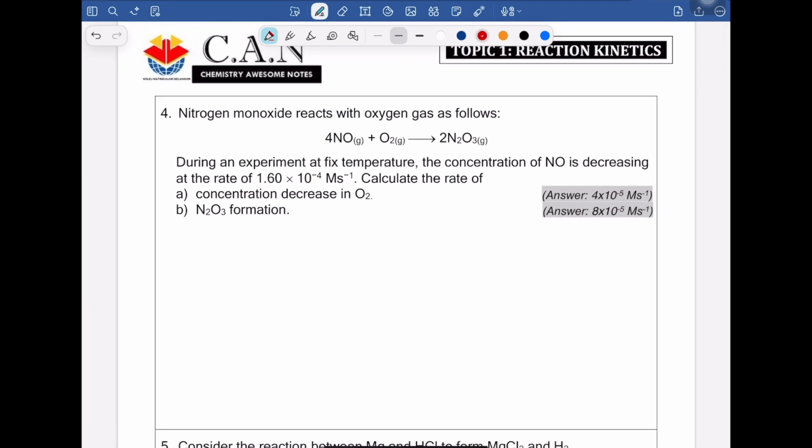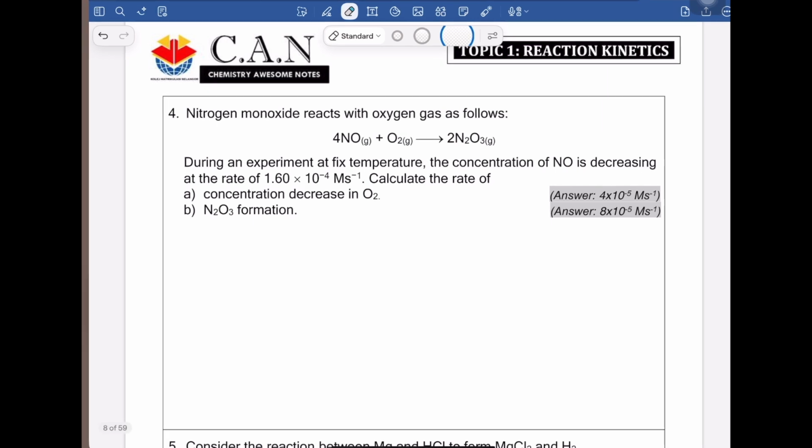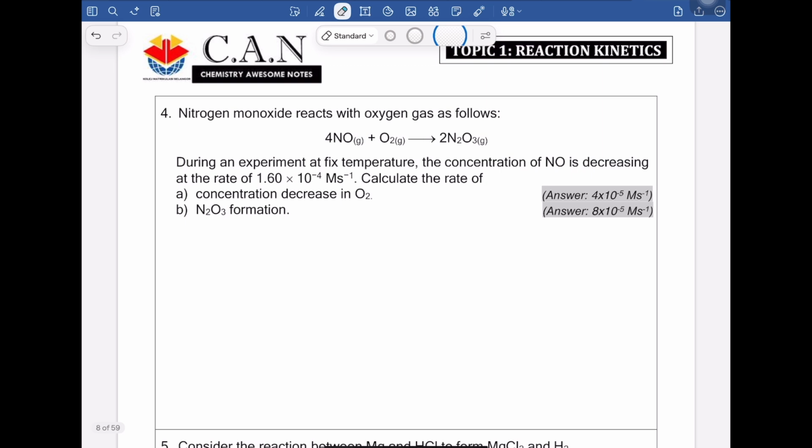Okay, let's take a look at one more question. During an experiment at fixed temperature, the concentration of NO is decreasing at the rate of 1.60 exponent negative 4. So the concentration is decreasing at the rate of 1.6, which is for this one.